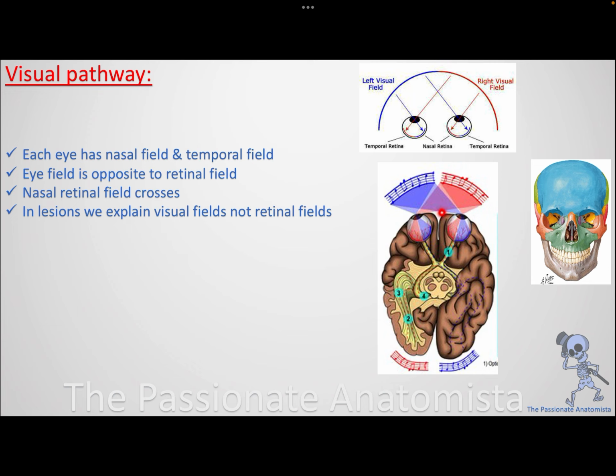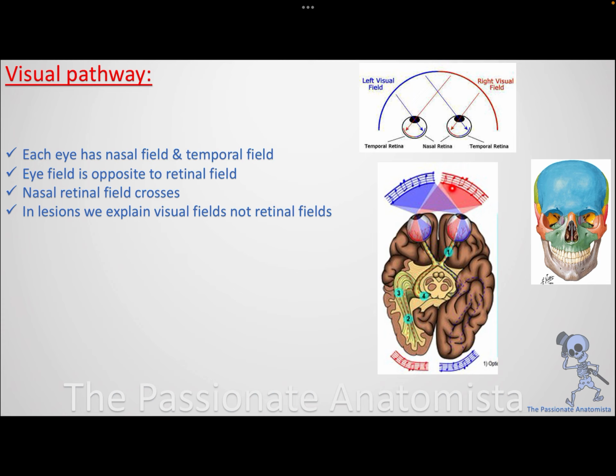You have your nose here, so the right eye has a nasal visual field, and laterally, toward the temporal bone, the right eye has a temporal visual field. The left eye has the same thing. So each eye has nasal and temporal visual fields, and each eye has nasal and temporal retinal fields.